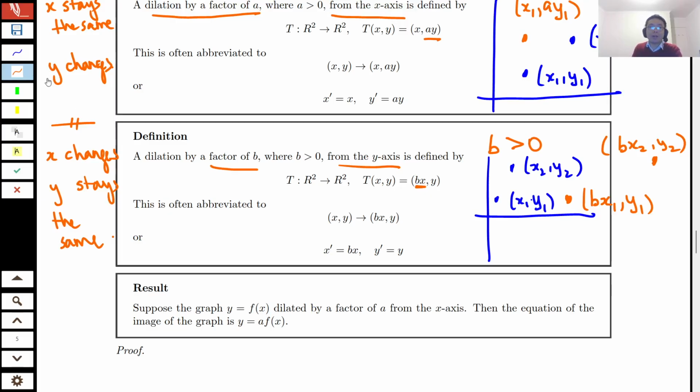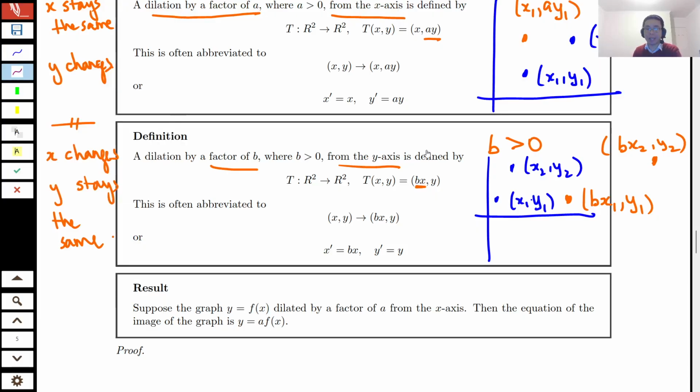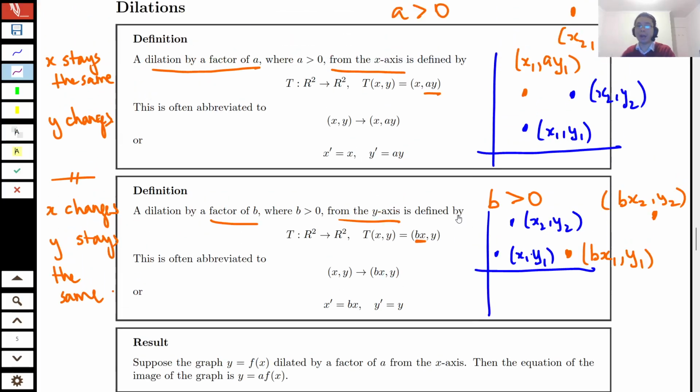Now, I want to make one comment here. The Cambridge text uses A and B in the opposite way to the way I do in the notes. And it's really annoying. I think it makes more sense to make this choice because of turning point form. In turning point form, we write a bracket x minus h squared.